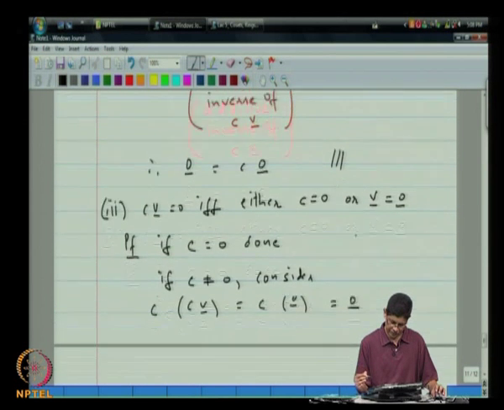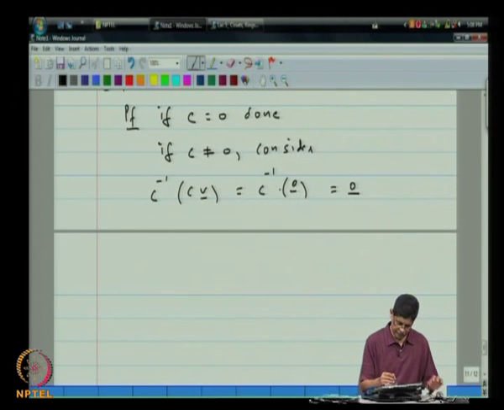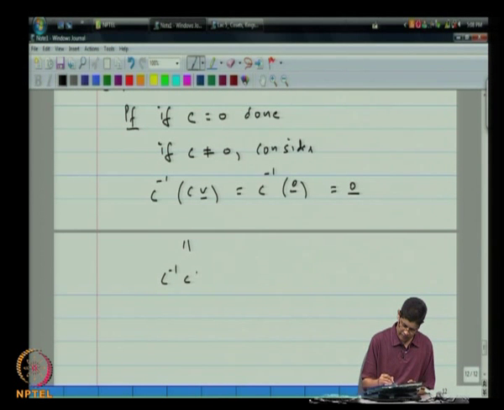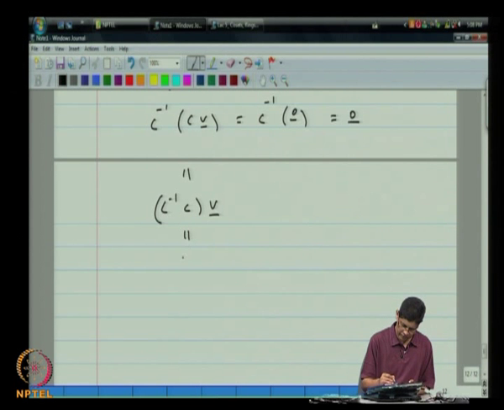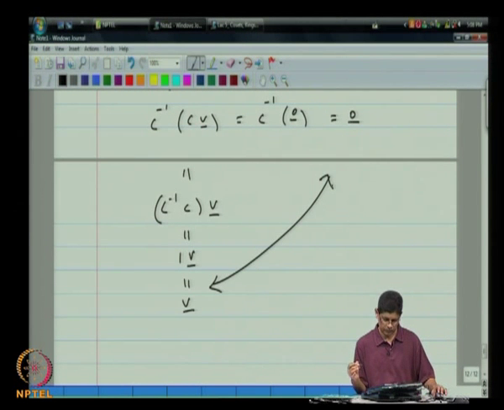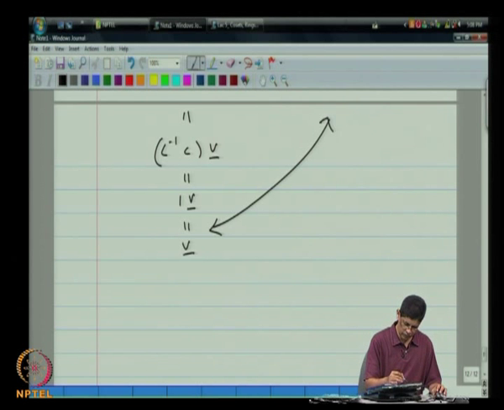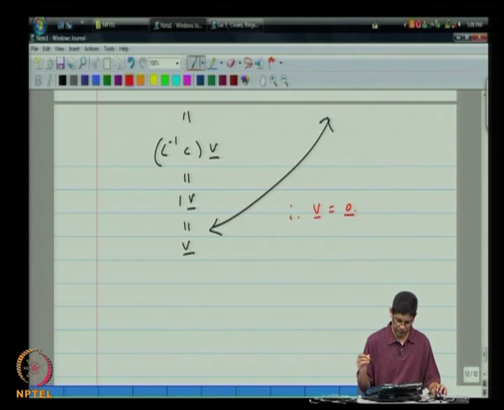That was what we just proved. But on the other hand, this is C inverse times C times V, which is equal to 1 times V, which is equal to V. So, now you compare these two and conclude therefore, that V is equal to 0, right.